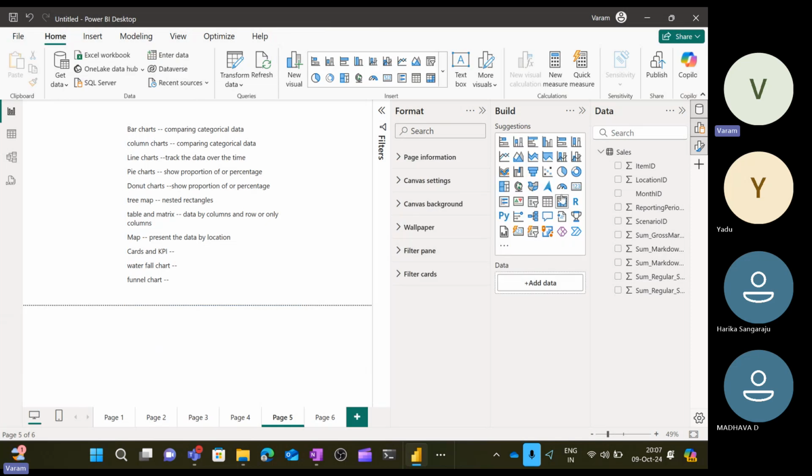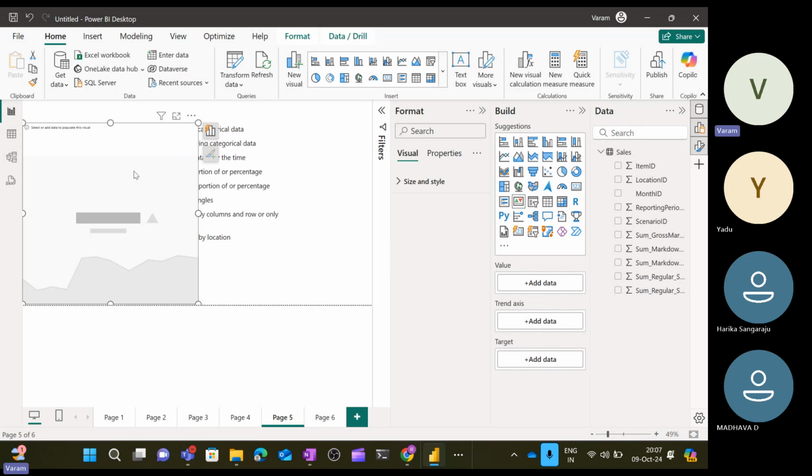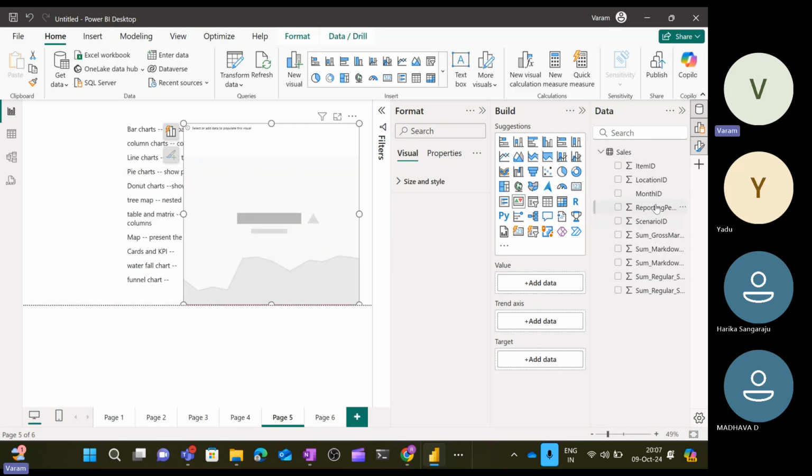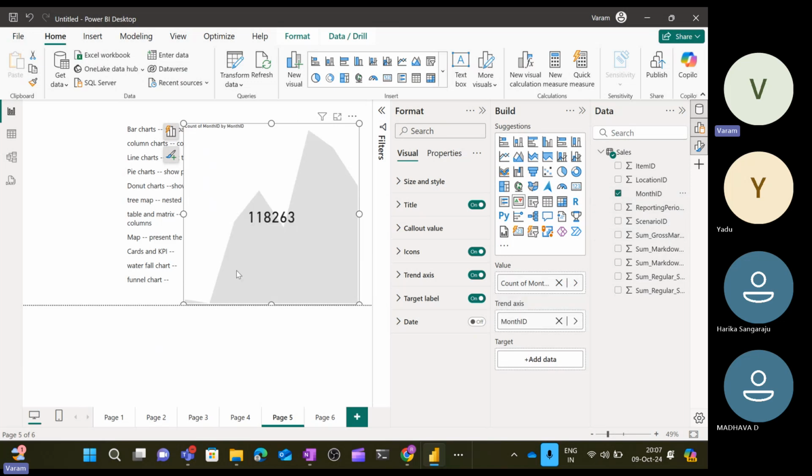So this is my KPI visual. I don't have any values related to increasing or decreasing here. This is a trend axis, how exactly it is trending. You can add the location IDs, my target, something I can do here, but it's not allowing me to do it.